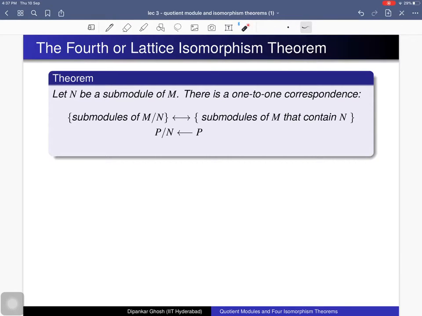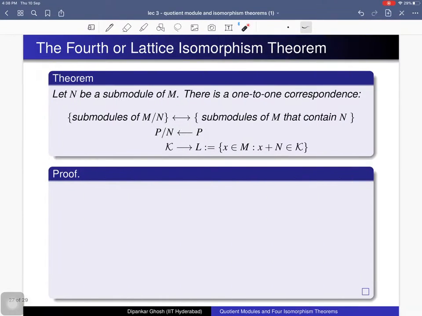So you start with a submodule P of M that contains N, then you can consider this quotient module P mod N, and you can verify that this is actually a submodule of M mod N. And the map in the other direction will be this one.